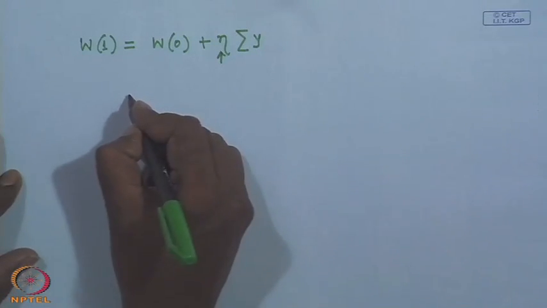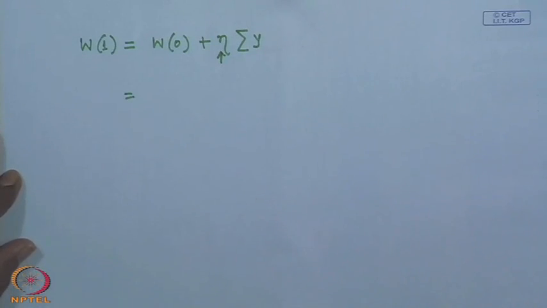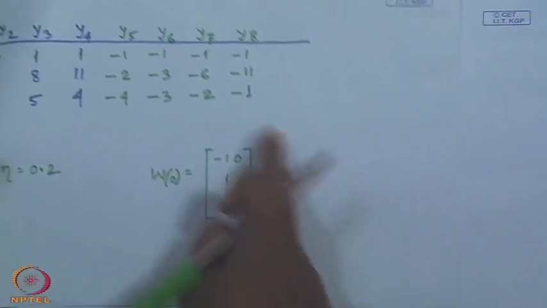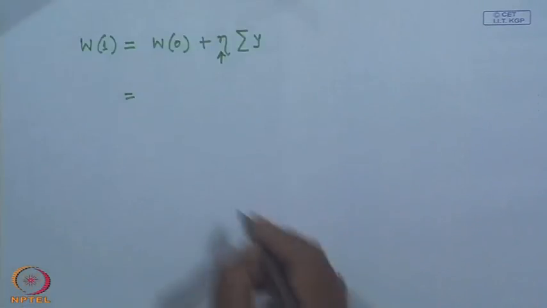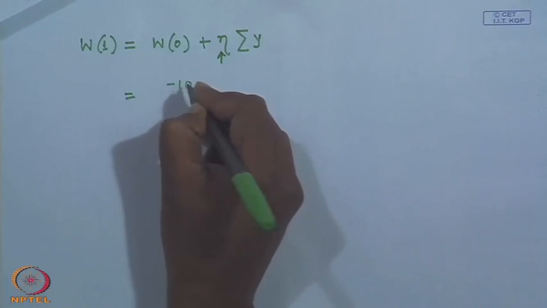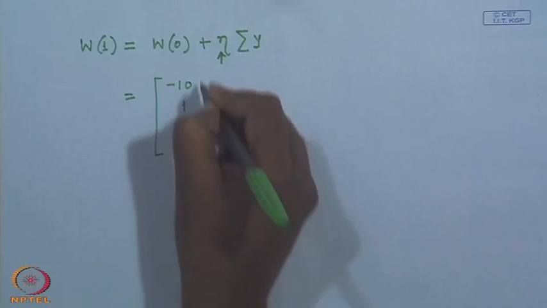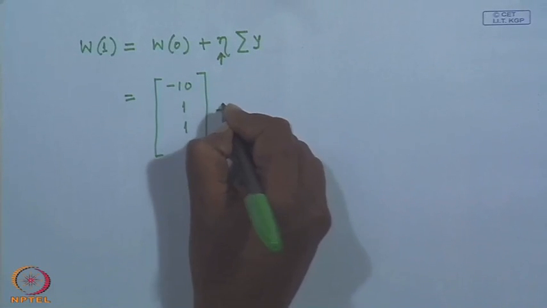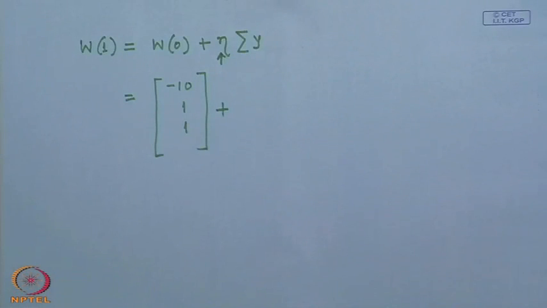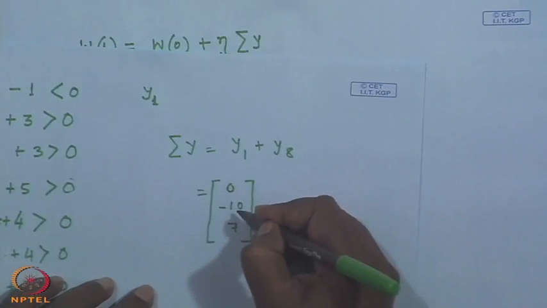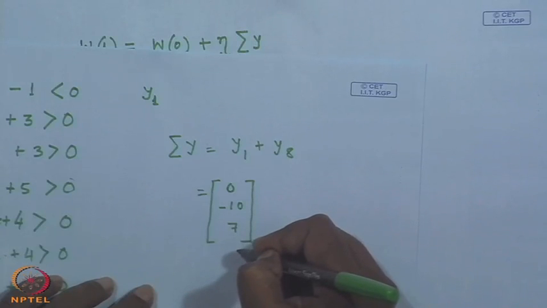So, this w 1 simply becomes, what was my w 0? w 0 was minus 10, 1, 1, plus eta 0.2 times the sum of y, which is 0 minus 10 7.